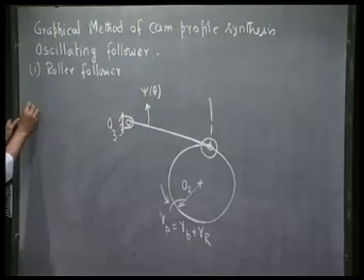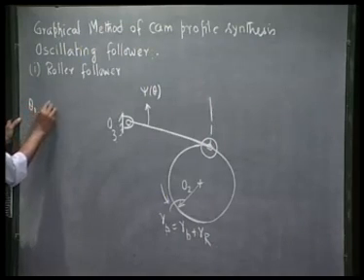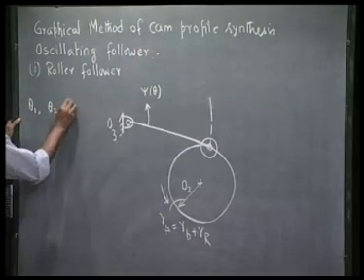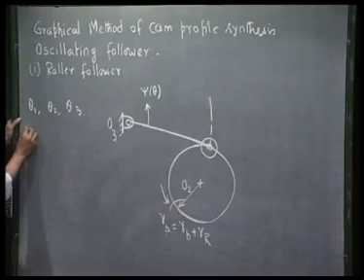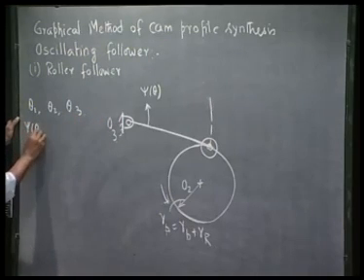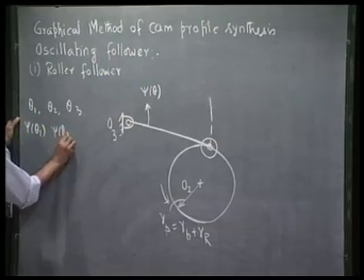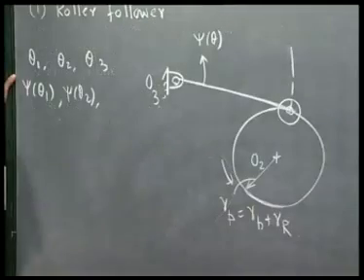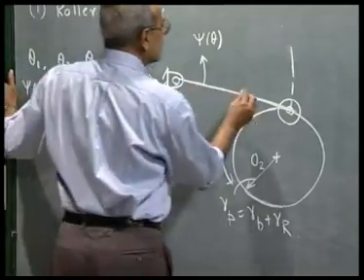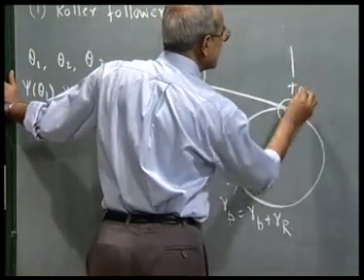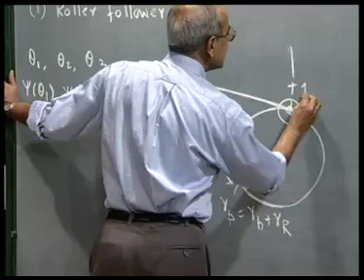If we take station points corresponding to theta 1, theta 2, theta 3, then we will know the corresponding values of psi, psi of theta 1, psi of theta 2 and so on. Corresponding to station point 1, let us say the trace point is here.